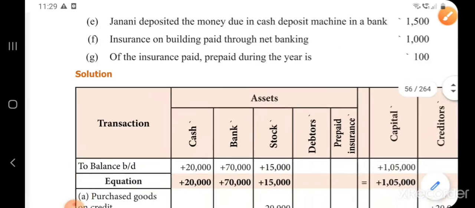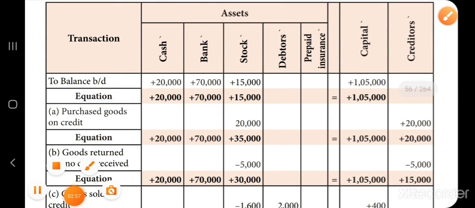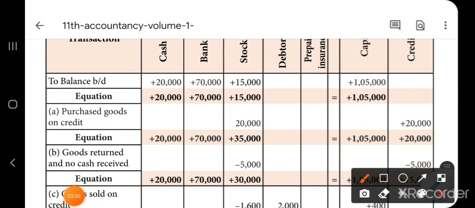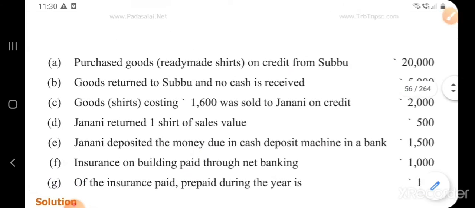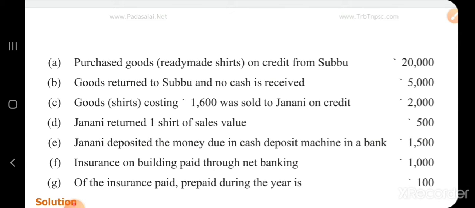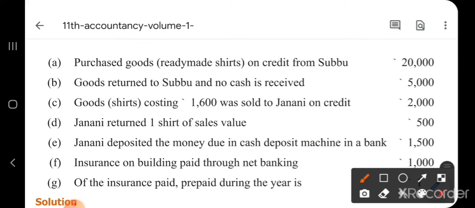Now see here the solution part. Purchase goods on credit. I told you stock will increase by 20,000, so plus 20,000 you have to write in stock, and creditors is also increased by 20,000. Next transaction: goods returned to Subbu and no cash is received. In the previous transaction you purchased goods from Subbu. Now you are returning the goods to Subbu. That means the stock was increased when you purchased.